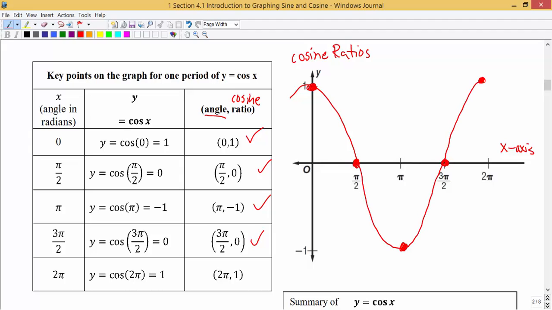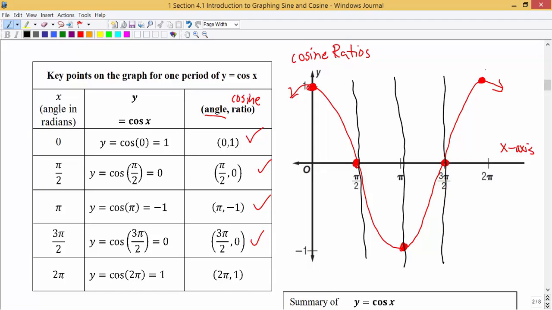So here's our one cycle of cosine. And we want to be familiar with these 5 key points on the graph. And notice once again that if you look at those 5 quadrantal angles from 0 to 2 pi, each one of those is equally spaced apart. This represents quadrant 1, quadrant 2, quadrant 3, and quadrant 4.